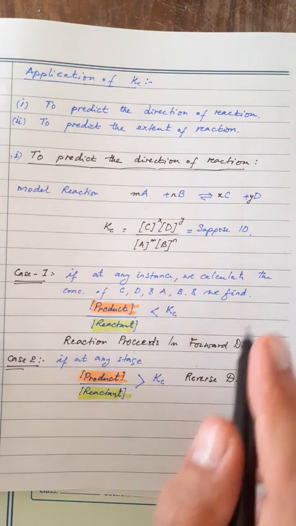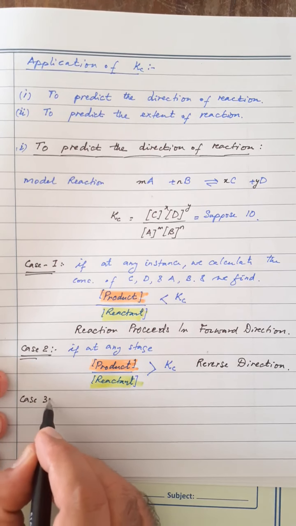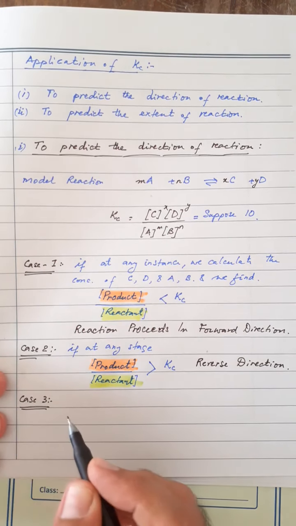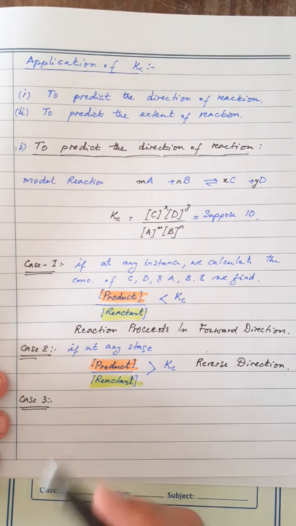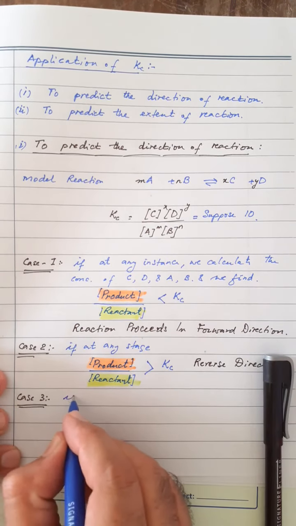The third question which might appear in your mind is, what if we divide the products upon reactants and our answer is 10, exactly as Kc?